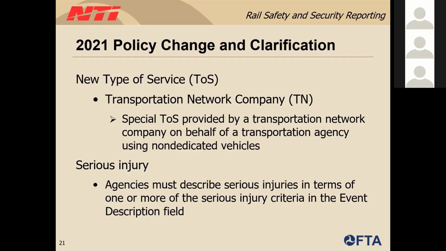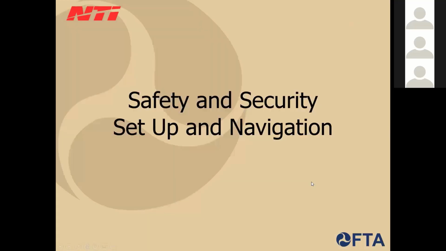So please be sure to put that, if you report something as a serious injury, which we'll talk more about later, please include that description of why it's a serious injury. If you don't, we're going to return the report to you and ask you to add that statement or change it to a non-serious accordingly.